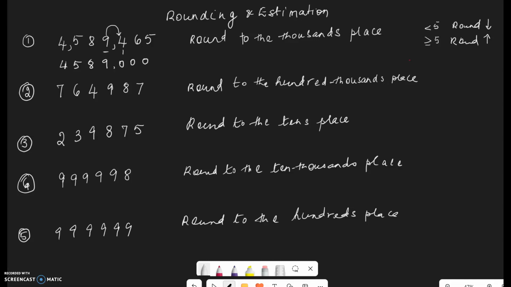And each digit after the 9 corresponds to a 0. So we have 4, 5, 8, 9, 0, 0, 0. That's our final answer.